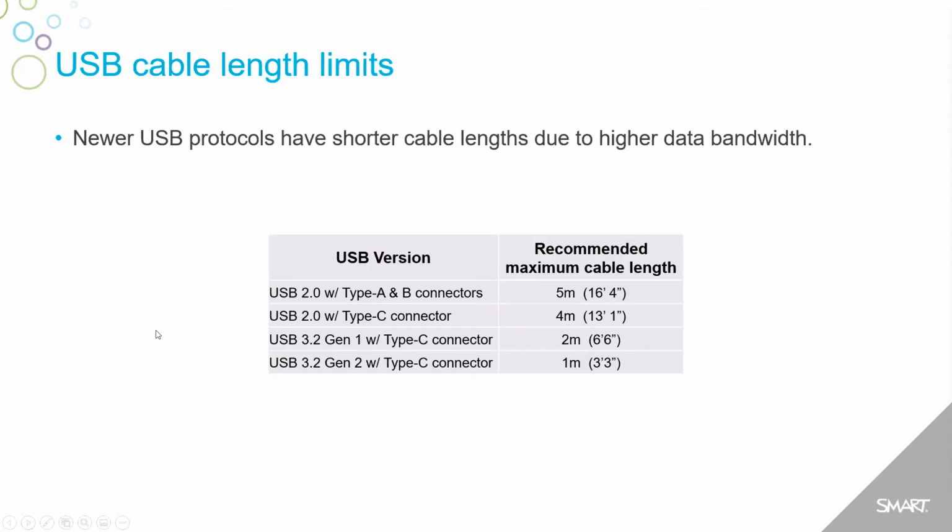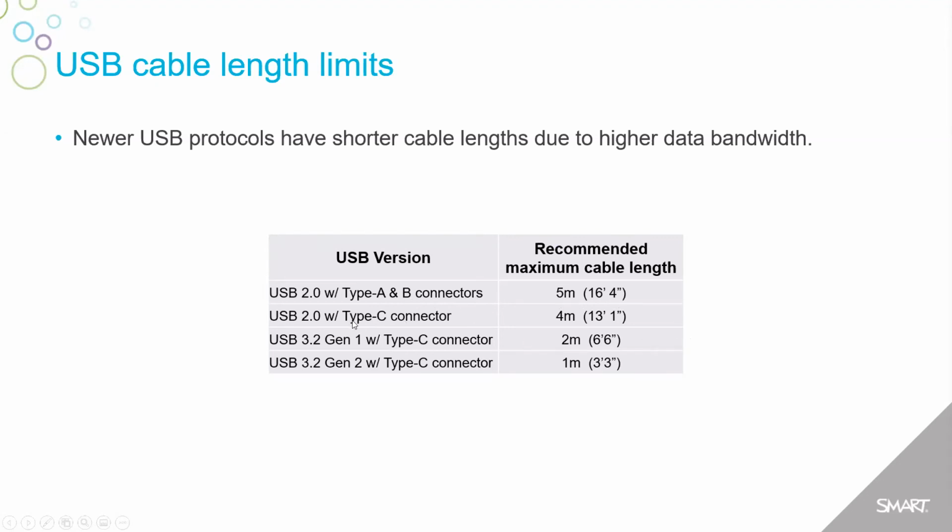It's important to note that as we get into higher frequency data, larger bandwidths, the lengths of the cables gets reduced. And this is because of the properties we discussed earlier, attenuation being the main one. So for USB 2.0, the USB Implementers Forum recommends that USB 2.0 with Type A and B connectors really shouldn't be longer than about 5 meters or 16 feet.